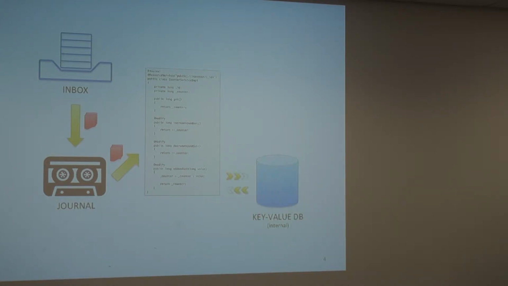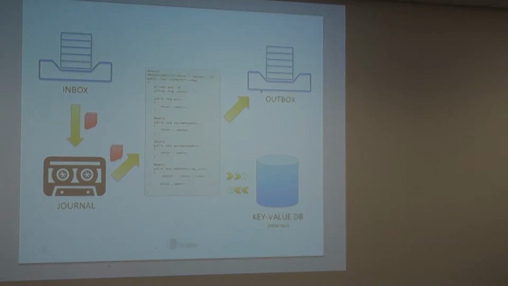It gives you an internal SQL database that your service streams data to asynchronously, and it gives you an outbox. The purpose of the inbox is to batch messages to your service. It's transparent to your service. Your method calls are called one at a time. You don't have to know about batching to take advantage of it. And we also batch the responses.